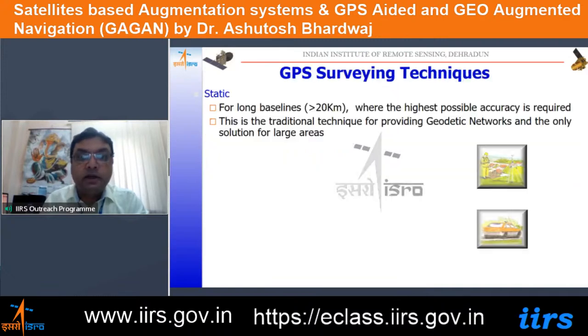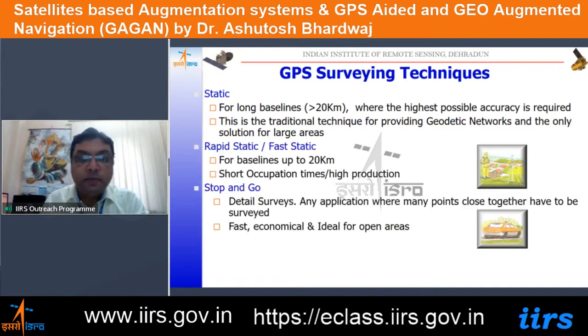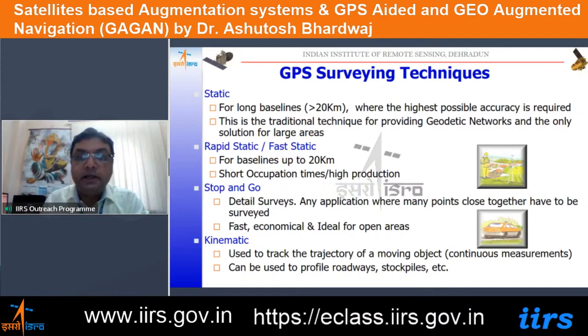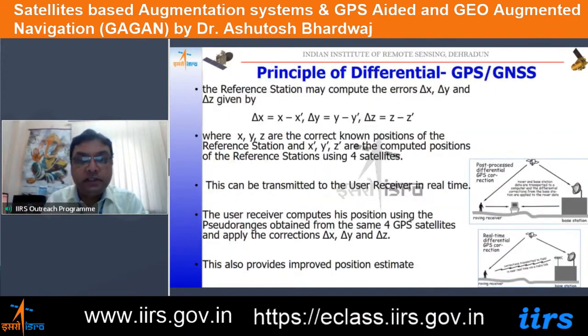Then we have covered the different types of processing schemes for the static, rapid static, stop and go, kinematic, and then the differential GPS, in which we have understood that we need 2 GNSS receivers.